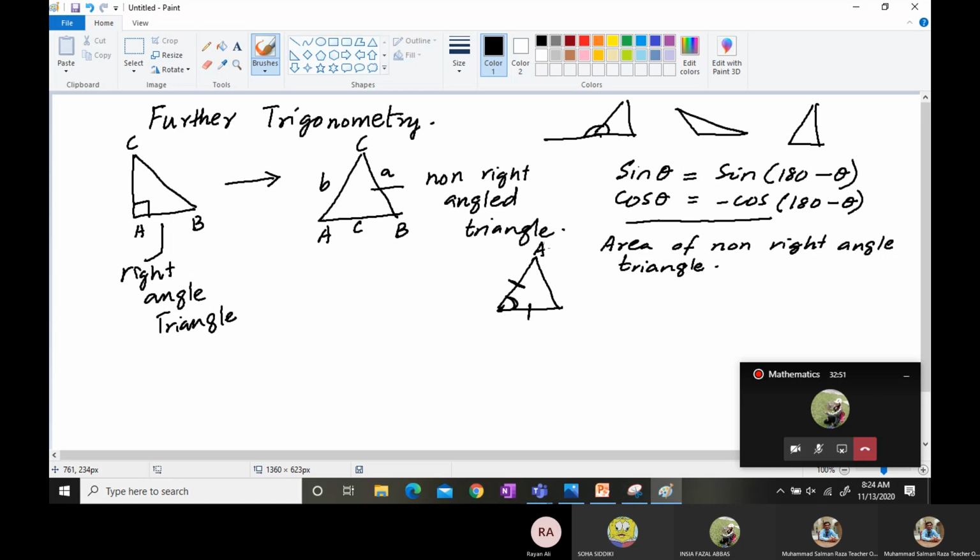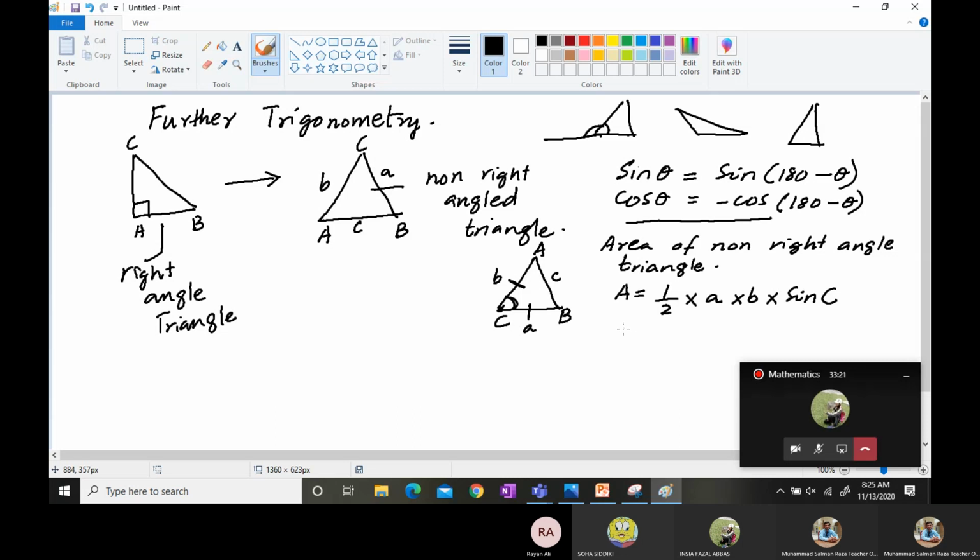So if I name it as A, B, and C, the area of the triangle becomes half. Now, we are not going to write base into height. We are going to write half A into B and then sine C.